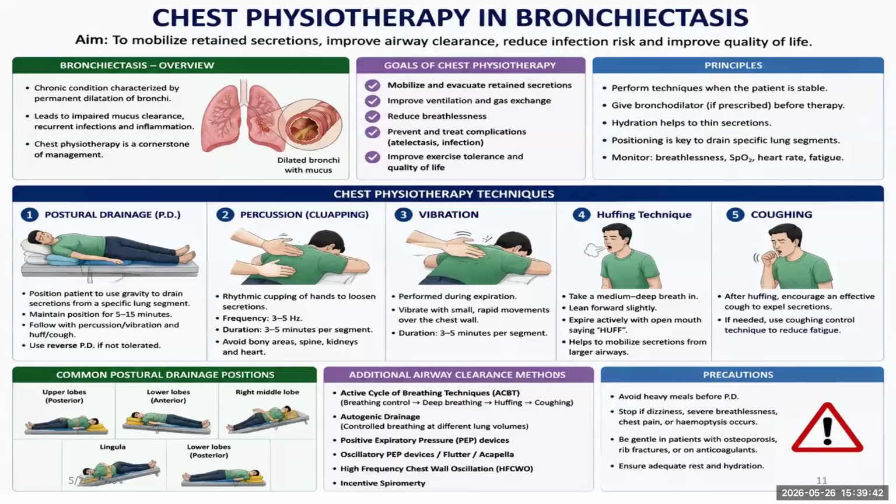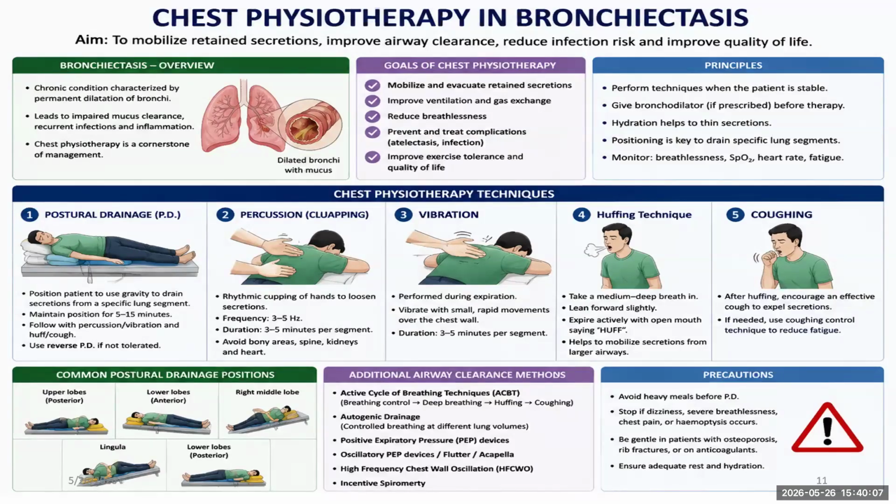Okay, so this is just an example of the different techniques in chest physiotherapy. You are trying to help to clear mucus from the airways, depending on the location of the bronchiectasis. And so you keep on targeting the segment that has the most buildup of the mucus.